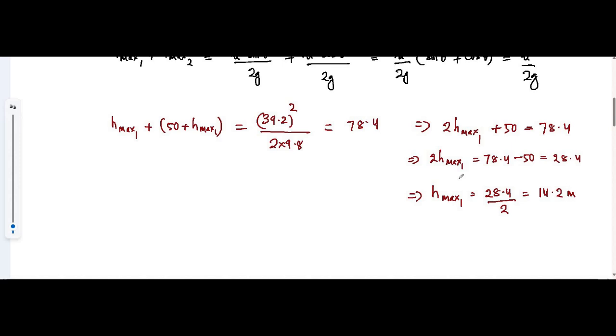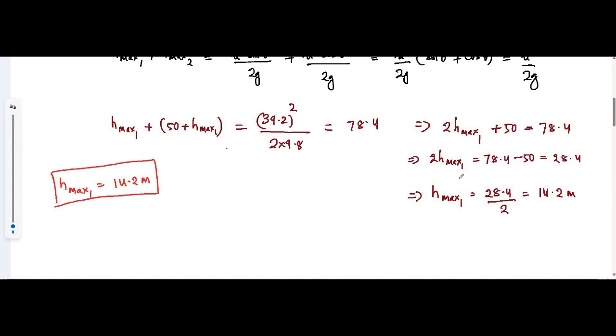That is the maximum height achieved by the first ball, 14.2 meters. So let me write it down here. The first maximum height, that is the maximum height achieved by the first ball, is equal to 14.2 meters.